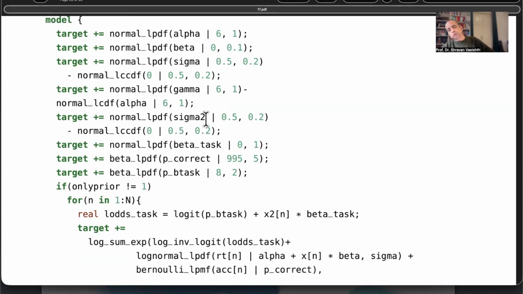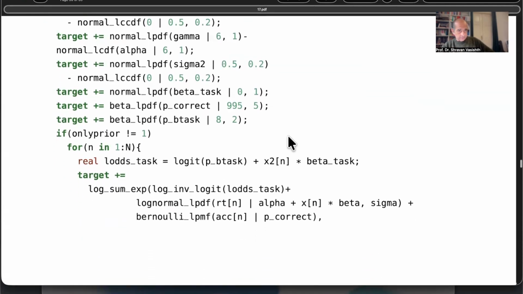And then you've got sigma 2. Sigma 2 was the standard deviation in the guessing case, guessing response reaction times, right? So we have a prior for that. And then we have the beta task prior, which is in log odds space, standard normal, if you remember. And then the probability of a correct response in the engaged condition is very high, right?